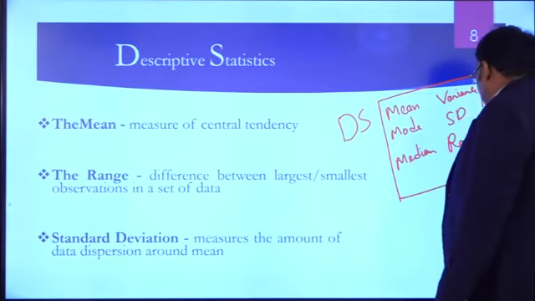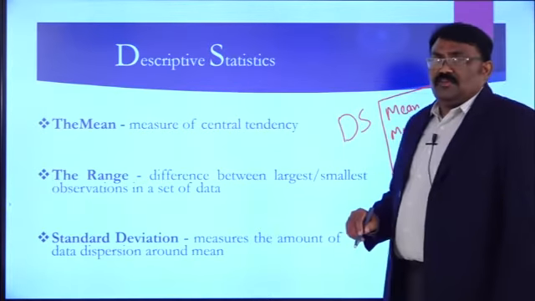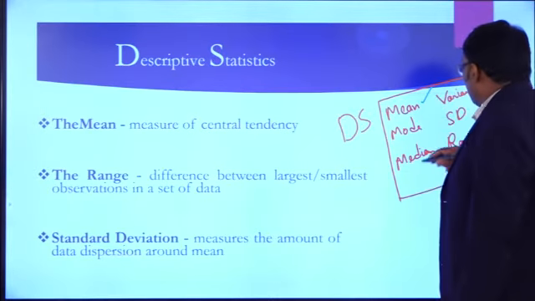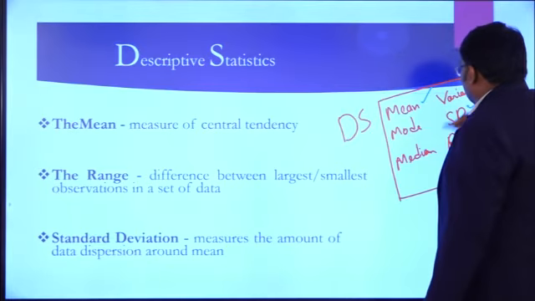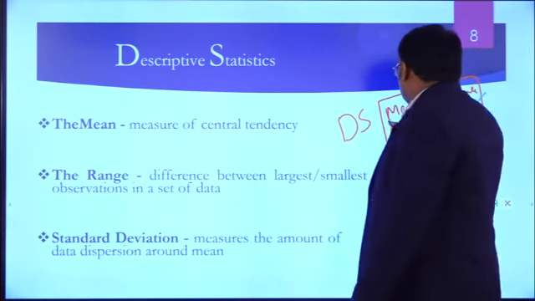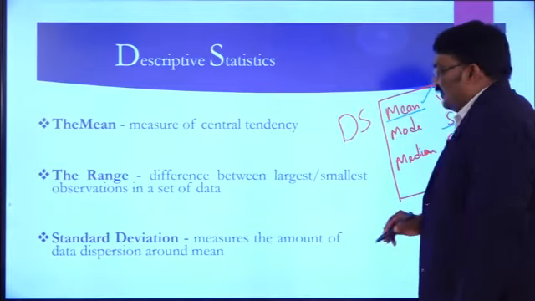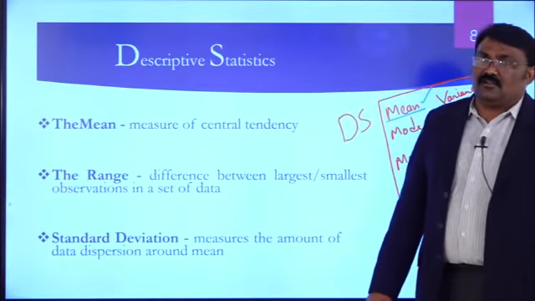Okay. But which ones do we use? We have the mean, the range and the standard deviation as the descriptive statistics to identify the control limits, the statistical quality control limits.